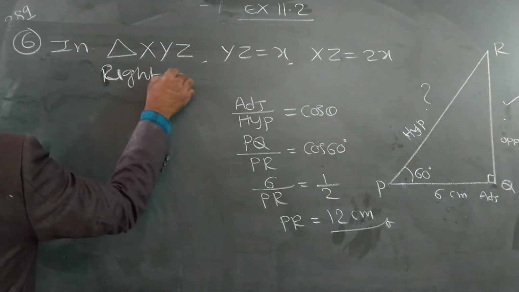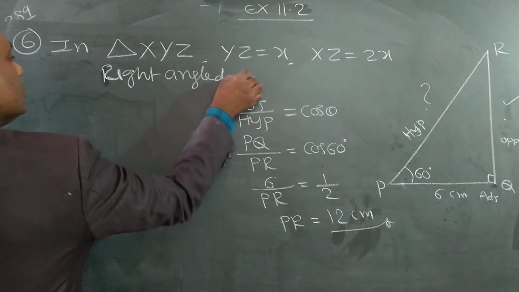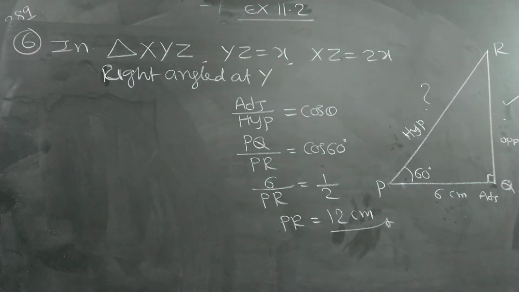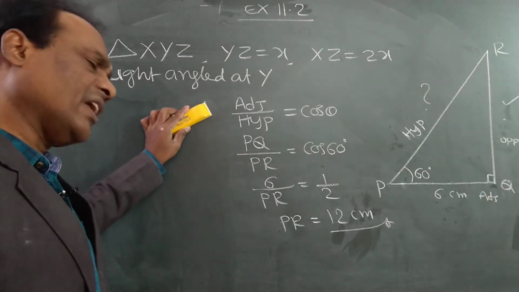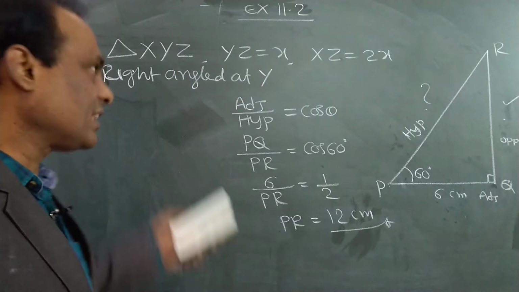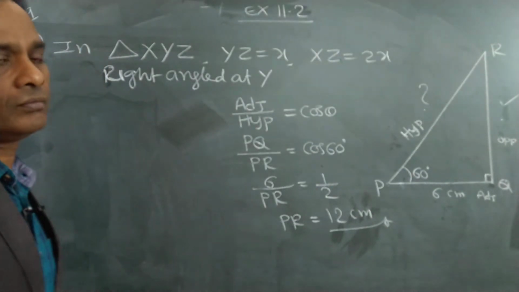The triangle is right angled at Y. This is also given. See the question, I wrote the question here. When we start the procedure, we have to write the given information and then start the procedure.